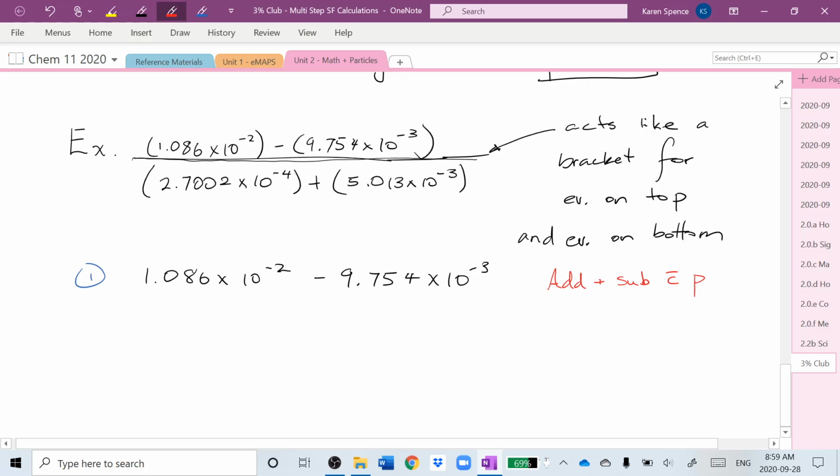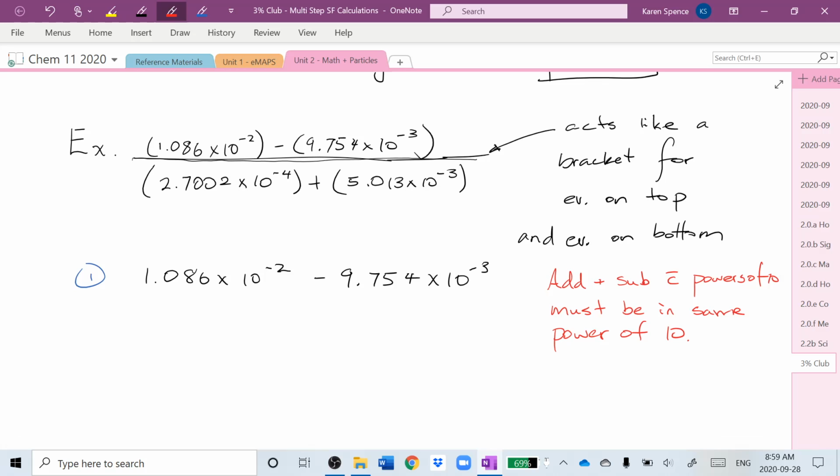With powers of 10. Hopefully you remember, they must be in the same power of 10. Because you're adding and subtracting and you need your first uncertain digit, all the decimals have to be lined up. And if your powers of 10 are different, your decimals don't line up properly.